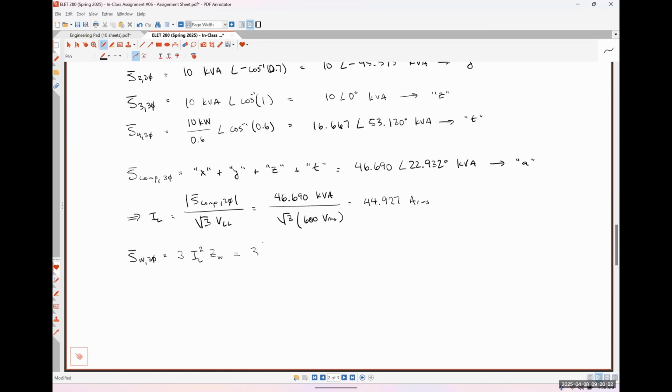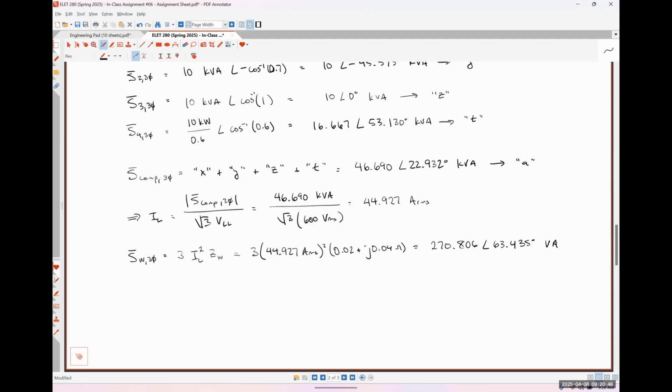So, let me write this out. 3 times 44.927 amps RMS squared, times 0.02 plus j0.04 ohms gives me 270.806 with an angle of 63.435 degrees volt amperes.